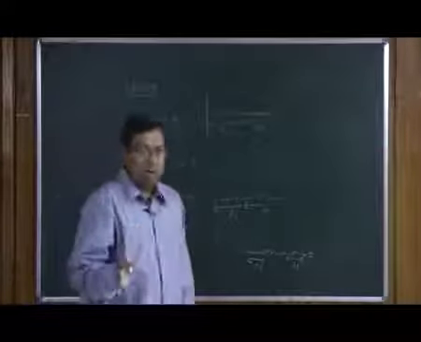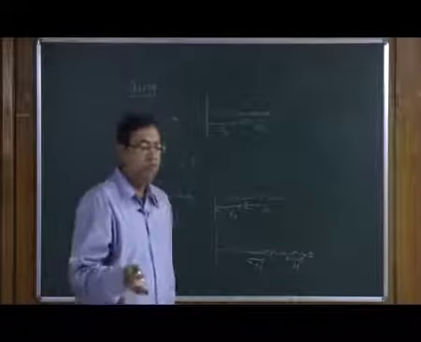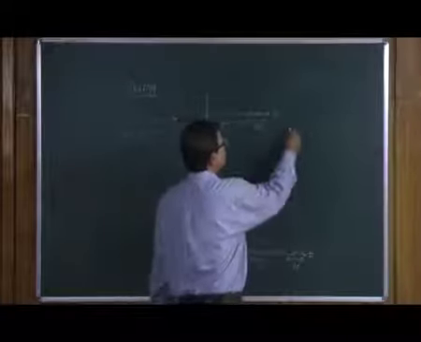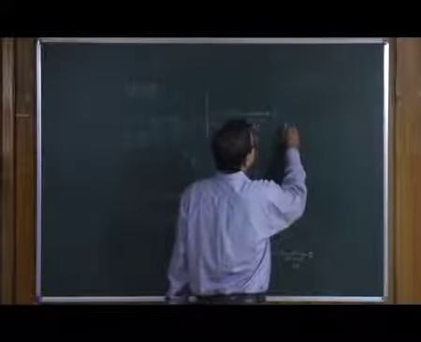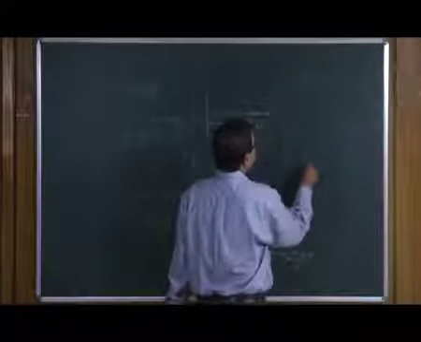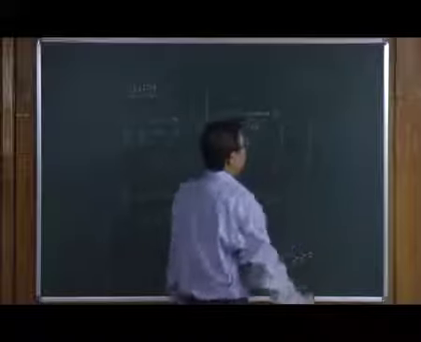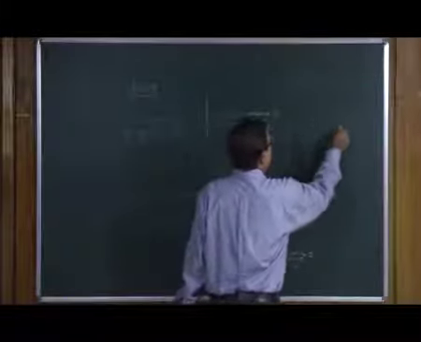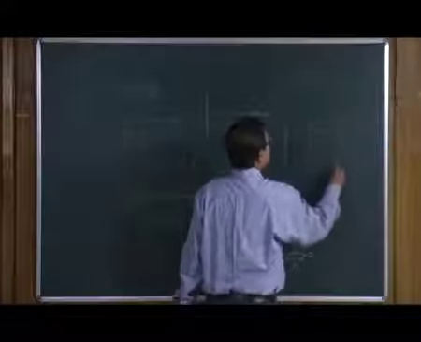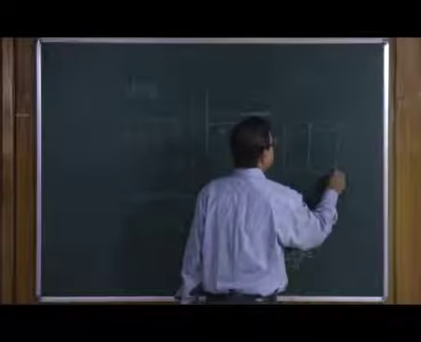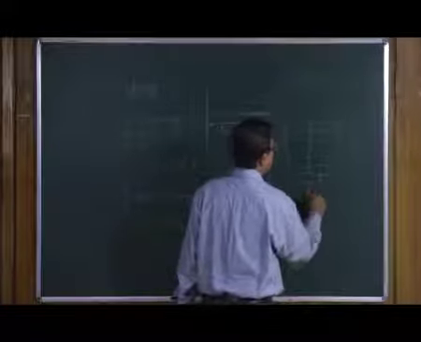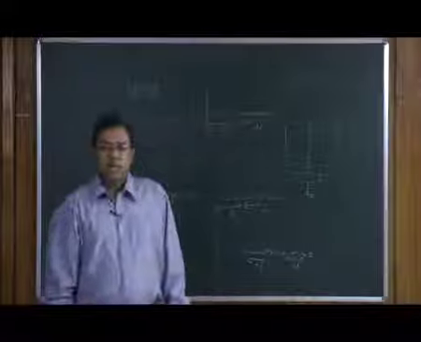Now, to get the third dependence, that is the dependence on the area of cross section, we need to talk about a wire. So, let us take a wire of a finite cross section, and now take an identical wire of an identical cross section and length, and suppose you apply a force here.